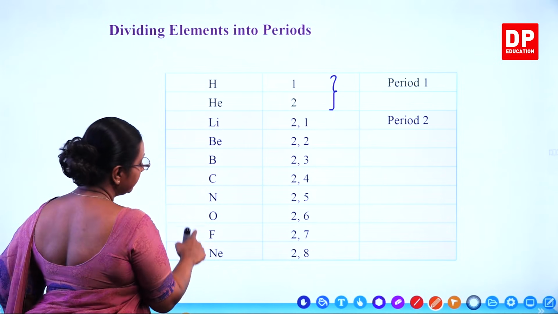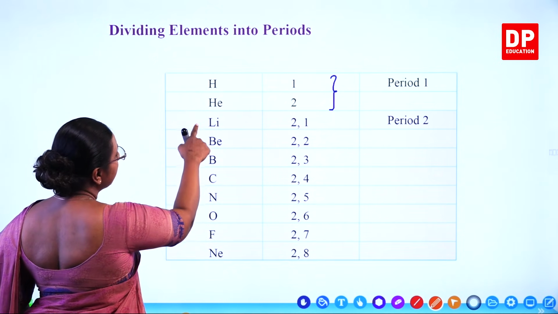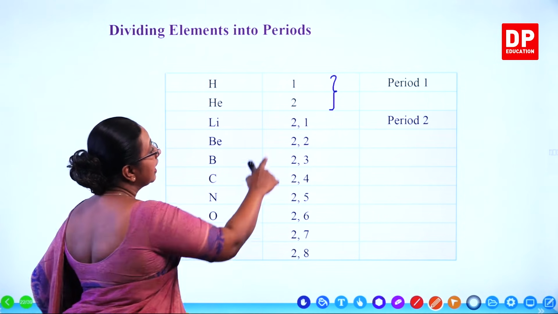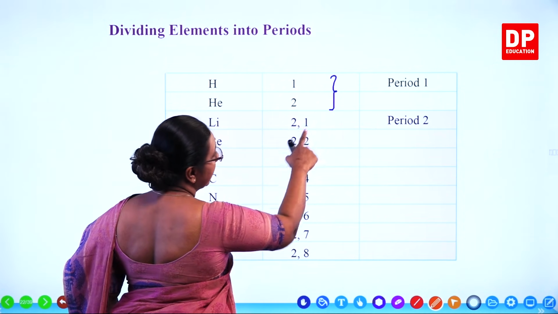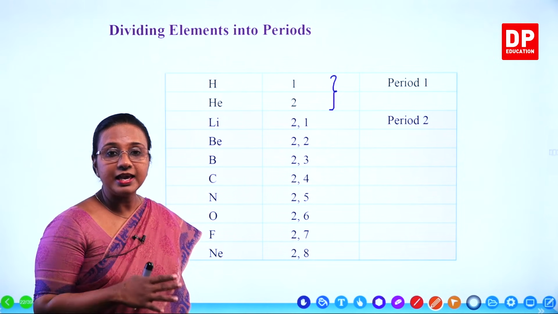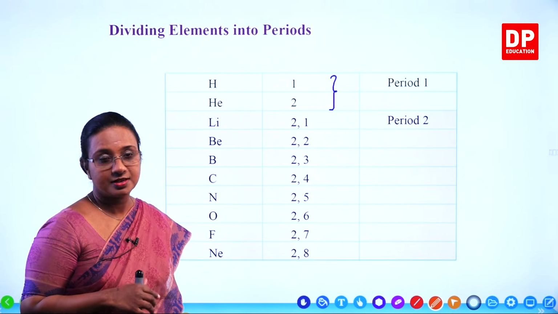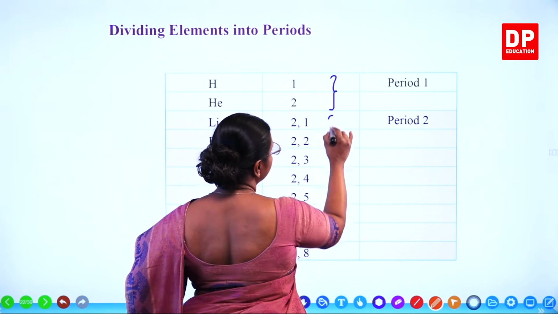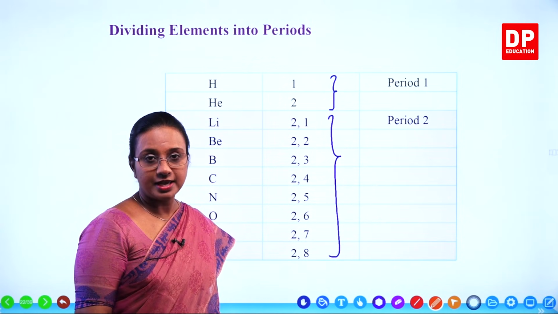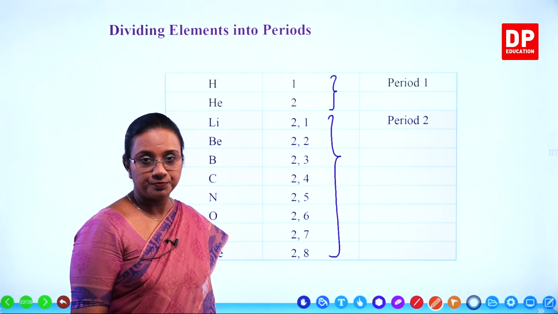Elements from lithium to neon, atomic numbers from 3 to 10, have electrons in the first and the second energy levels. That is the K and the L shells. Then they all go into the second period of the periodic table, period 2.